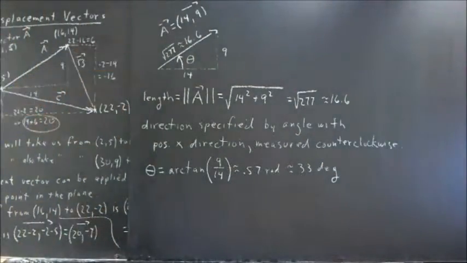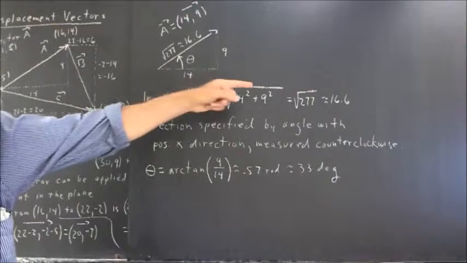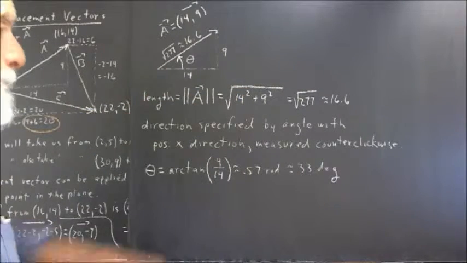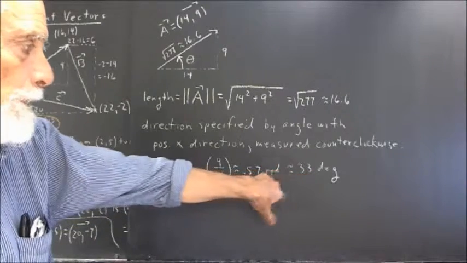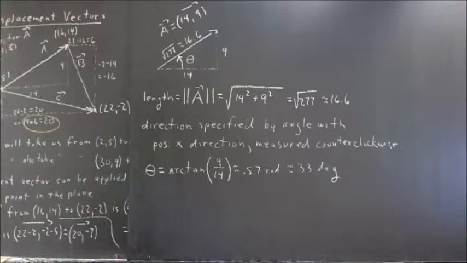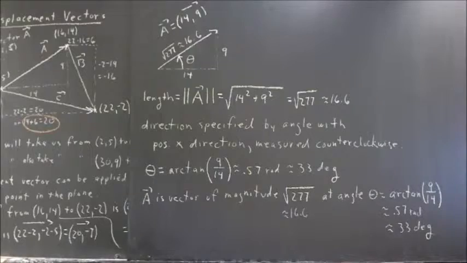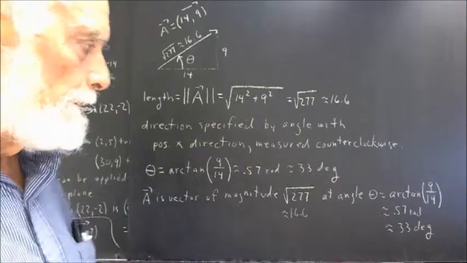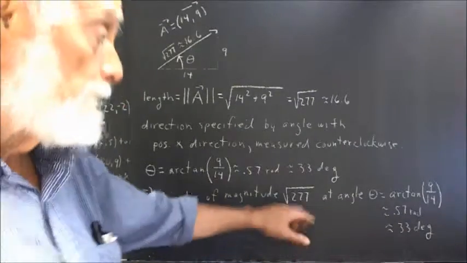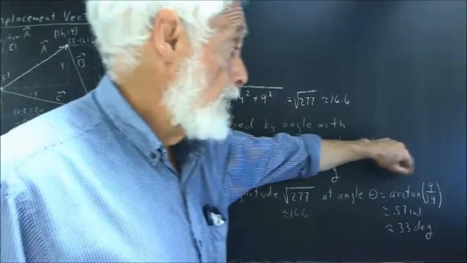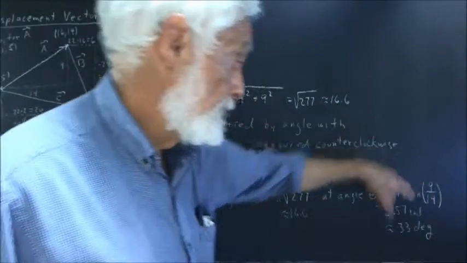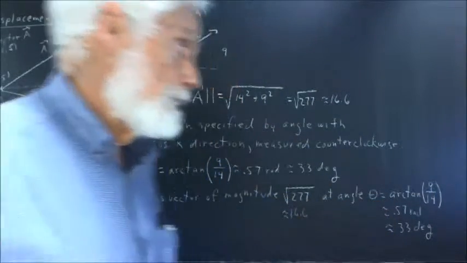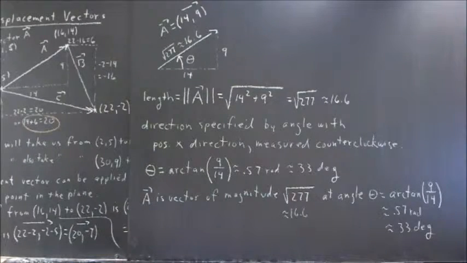So now we can say that A is the vector of magnitude square root of 277 at approximate angle 0.57 radians, 33 degrees, or at exact angle arctangent of 9 over 14. So I write that as a statement. A is a vector of magnitude square root of 277, which is approximately 16.6, at angle theta equals arctangent of 9 over 14. This is exact, approximately 0.57 radians, approximately 33 degrees.